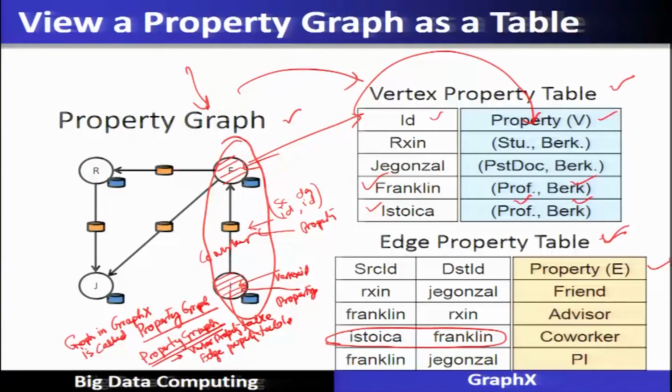Again I am repeating this aspect which is very important: the graph in GraphX is called a property graph, and the property graph is represented in the form of tables, which are nothing but the vertex property table and edge property table. So, the graph is represented as a property graph, and it can also be viewed as tables, that is, the vertex property table and edge property table.